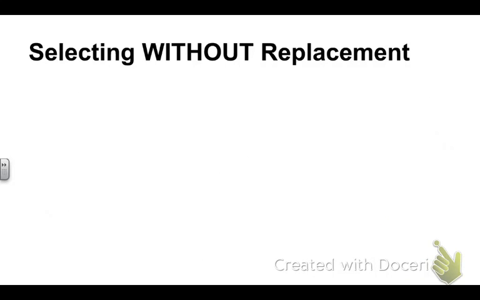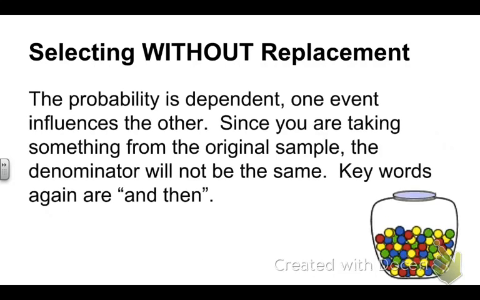Selecting without replacement, the probability is dependent. One event influences the other. You are taking something from the original sample, so the denominator is not going to be the same. Keywords, again, are and then. So, for example, what's the probability of me picking a yellow marble and then another yellow marble?